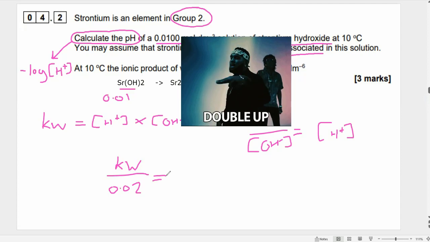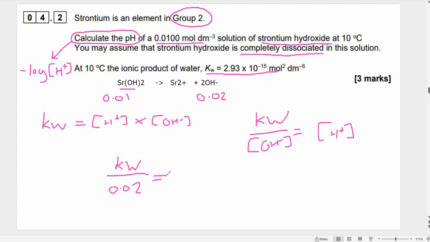So let's go ahead and put that in the calculator, and we want to write in 2.93 times 10 to the minus 15, and then we want to divide that by 0.02. And you're actually going to get 1.465 times 10 to the minus 13, but I've rounded it up. It's even easier if you just leave it in your calculator.